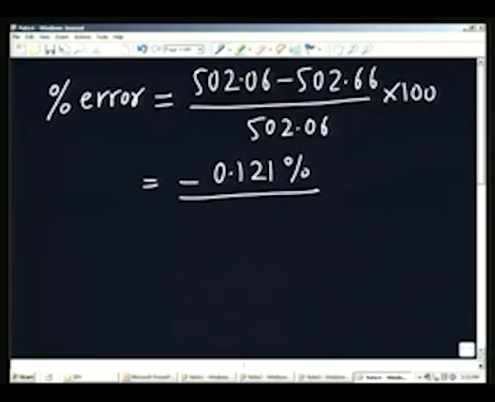This is quite negligible, negligibly small.